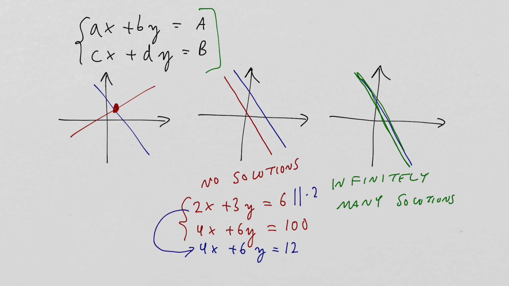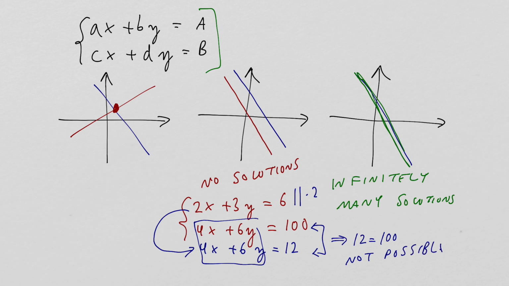And this contradicts the second equation, because 4x plus 6y is equal to some different amount. We get from here that 12 is equal to 100. So in this case the two lines are parallel and not intersecting anywhere.